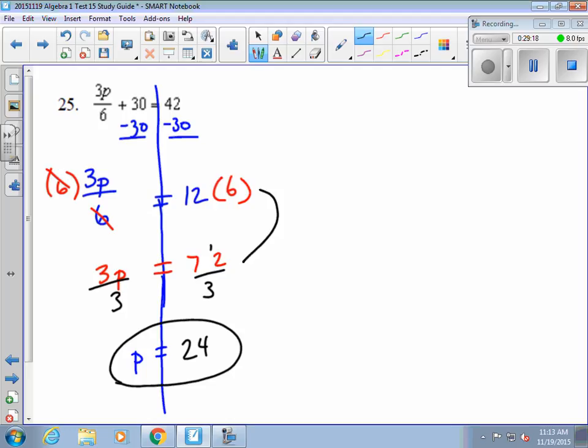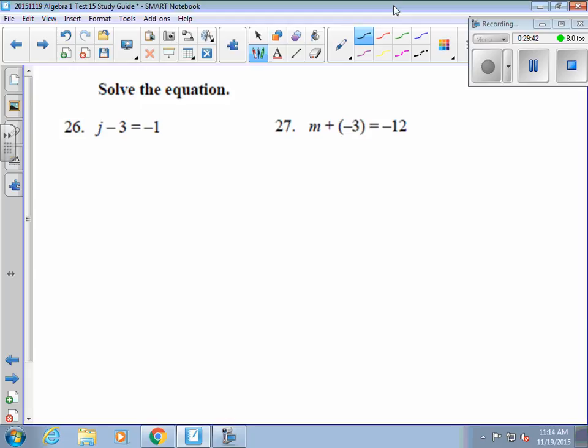Again, you can combine these 2 steps here by separating 3p over 6 and making it 3 over 6 p. So you could have multiplied by the reciprocal, 3 over 6 is 6 over 3, or multiplied by 2. Notice 12 times 2 is, in fact, 24.